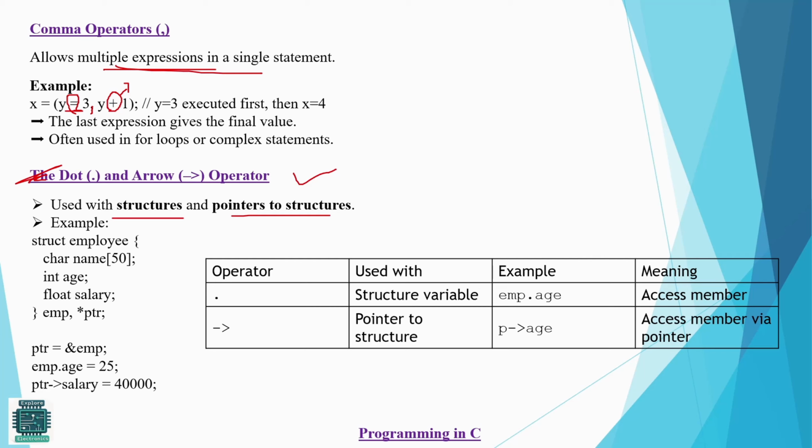Here I have given examples of dot and arrow. The pointer is equal to salary, you can see, and emp dot age is equal to 25. The dot is used with a structure and the arrow is used with a pointer. It means accessing a member, and the arrow indicates it accesses a member through the pointer.